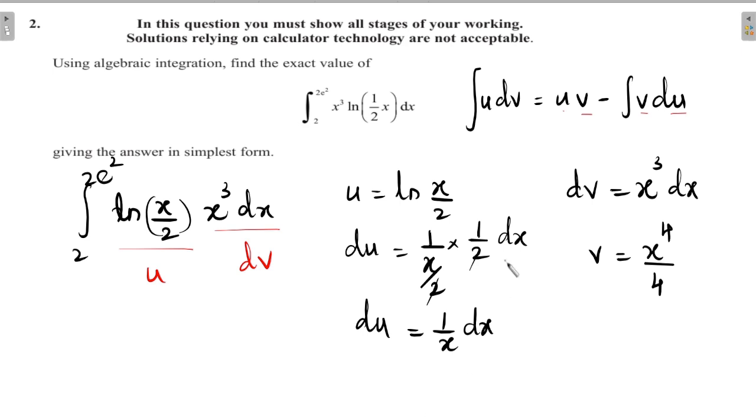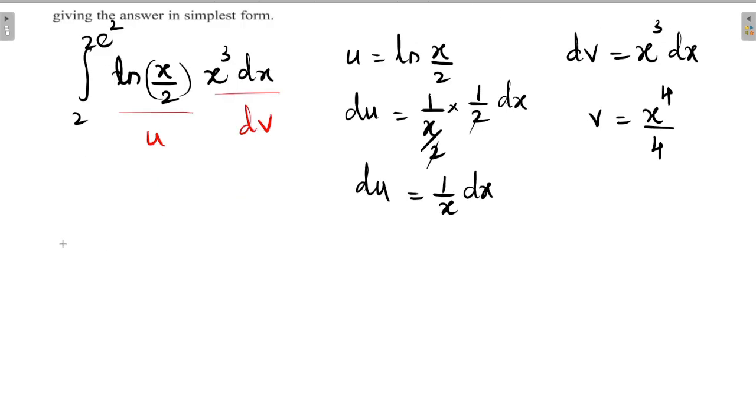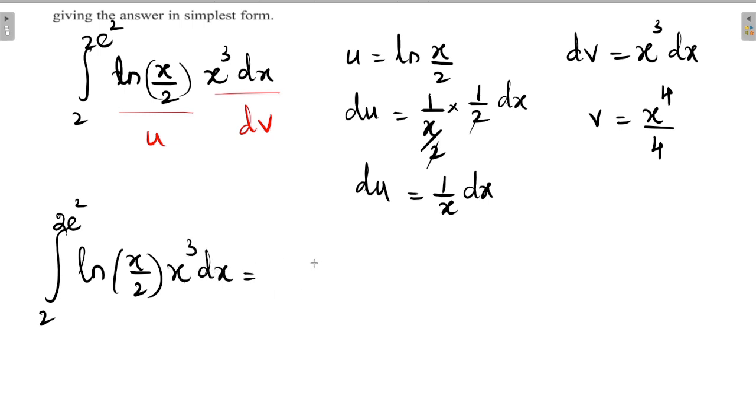Now we can go through this formula. So the given integration, integral 2 to 2 e square ln x by 2 x cube dx, is equal to uv.